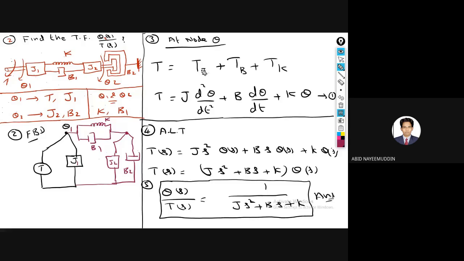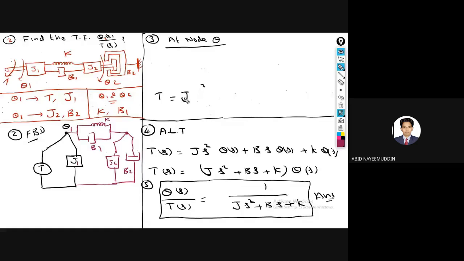Next, you need to write the equations. So at node theta 1, what will be the equation?